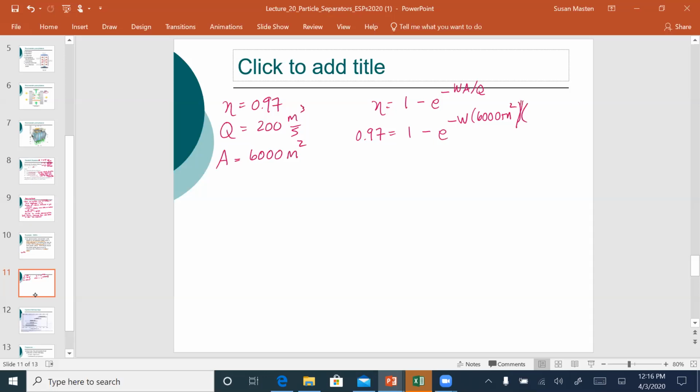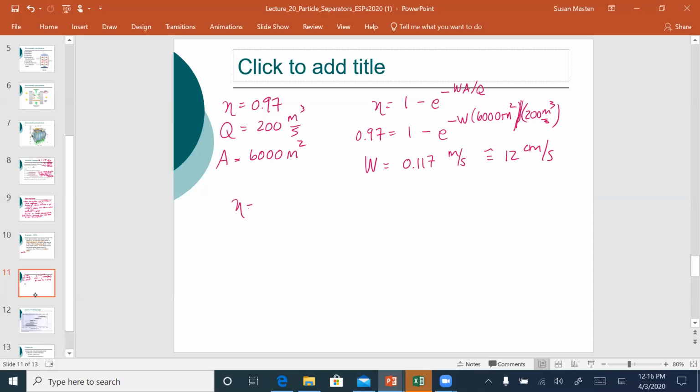This is divided by 200 meters cubed per second. And if we solve this, W is equal to 1.117 meters per second, or about 12 centimeters per second, which is right in the range of what we said for fly ash. So that gives us a drift velocity.